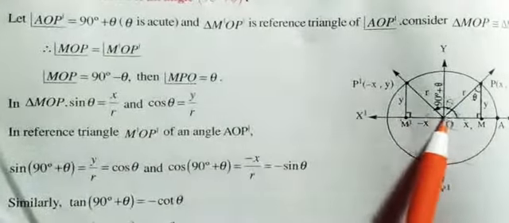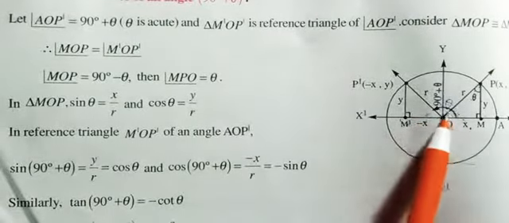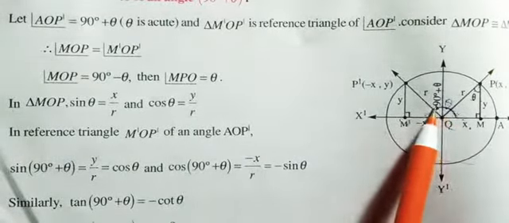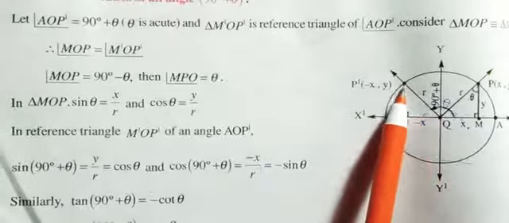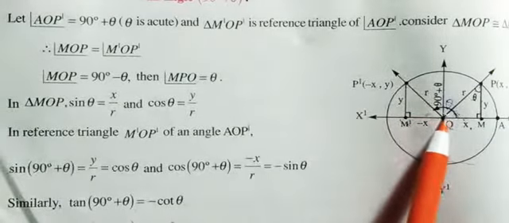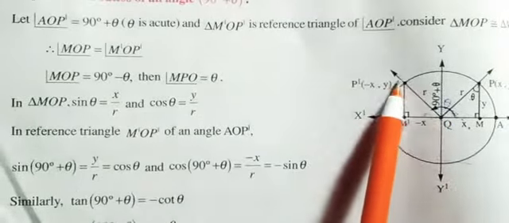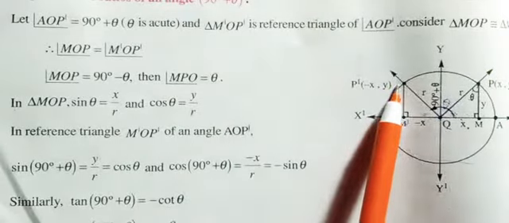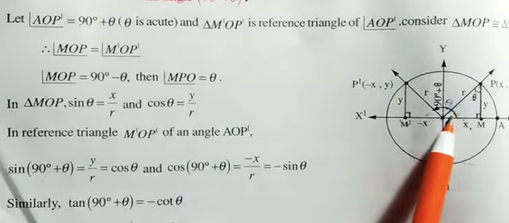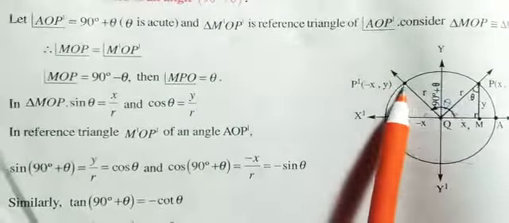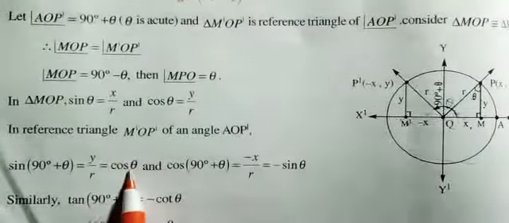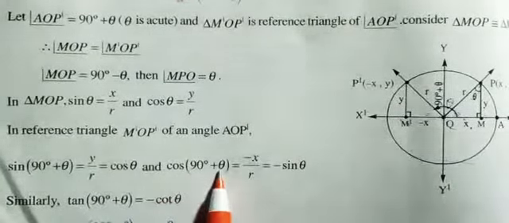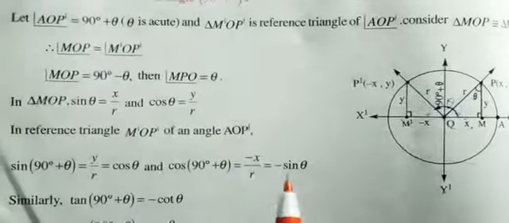Sin 90 plus theta, taking this as a reference angle, this is the reference triangle with respect to the angle AOP dash. Sin 90 plus theta is equal to Y by R, that is cos theta, and cos 90 plus theta is equal to minus X by R, that is minus sin theta.